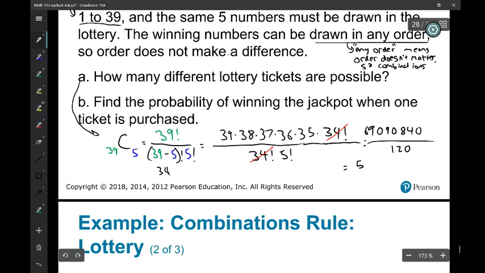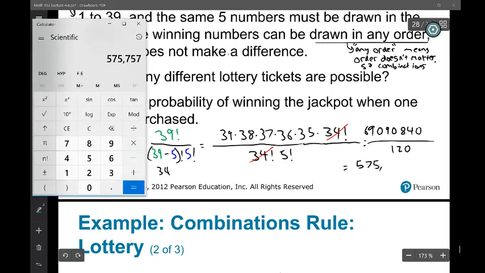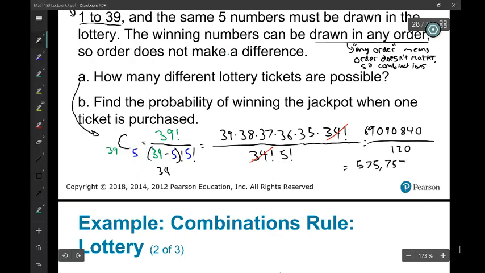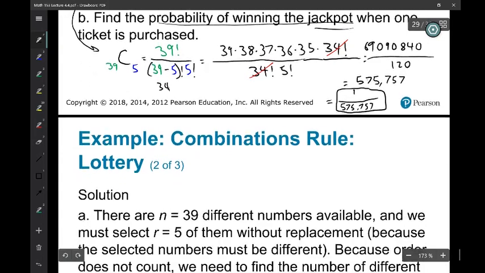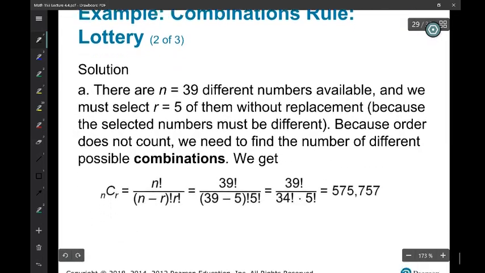So there's 575,757 winning lottery choices. So find the probability of winning the jackpot. Well, there's only one combination that will work. So that's 1 over 575,757. And there you have it.